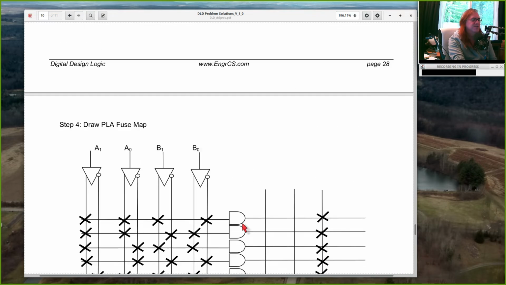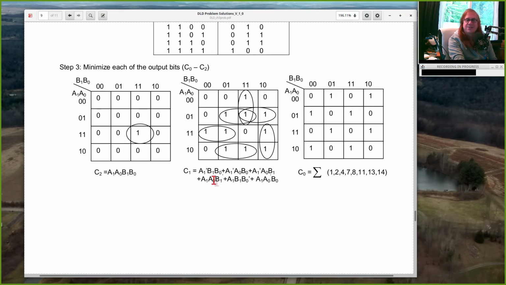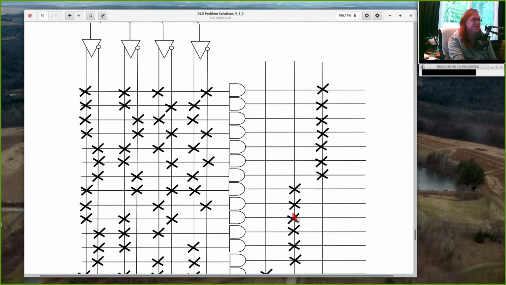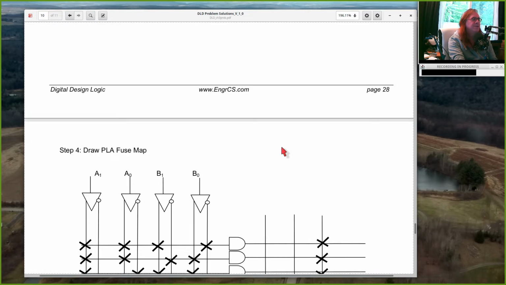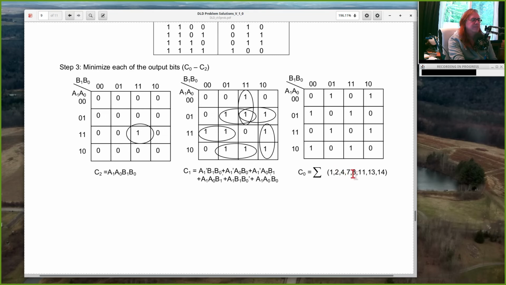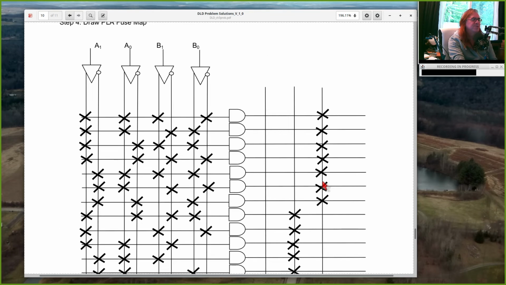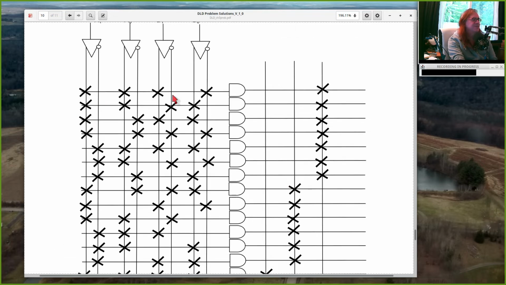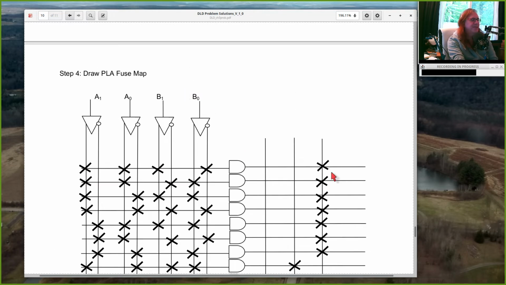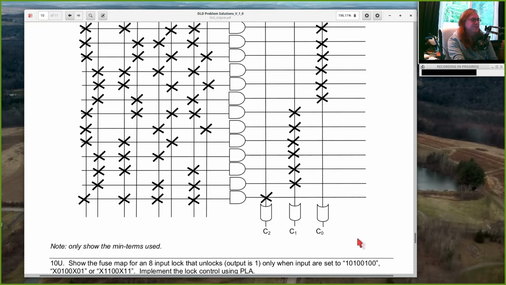This OR gate has a total of 6 inputs, and they correspond to these 6 product terms. C0 has 8 product terms ORed together. 1, 2, 3, 4, 5, 6, 7. Might be missing one. And so you take each of your combinations of inputs ANDed together and then OR those.